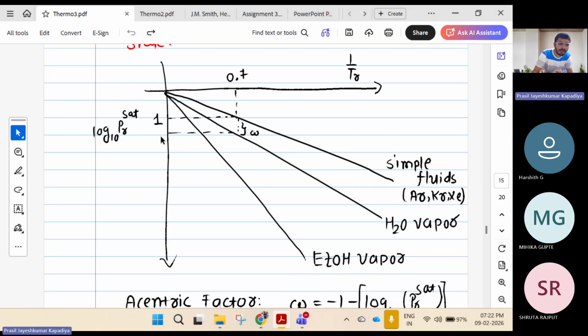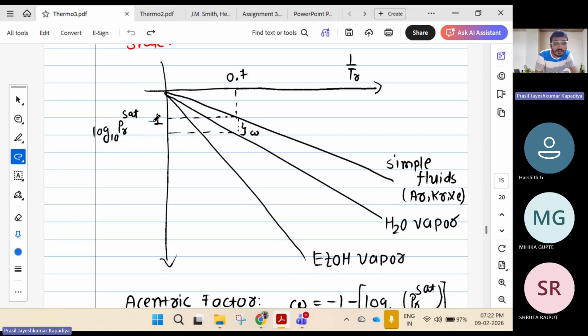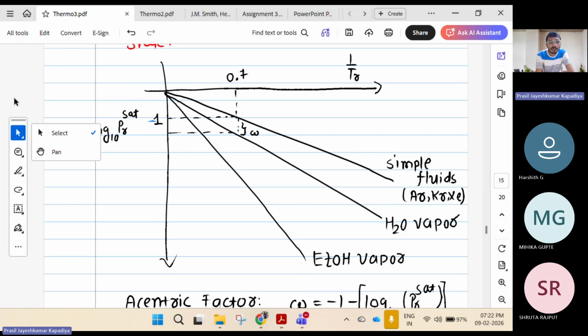It is not 1, it is minus 1, I'm sorry. This is minus 1. So for water vapor, it is not coming out to be minus 1, but it is deviating by some particular value. Similarly, for ethanol vapor, it is deviating even more from minus 1. So how do we define the eccentric factor?